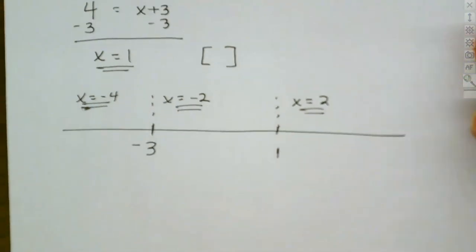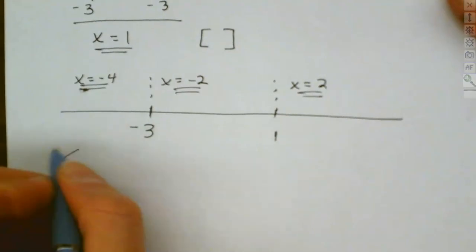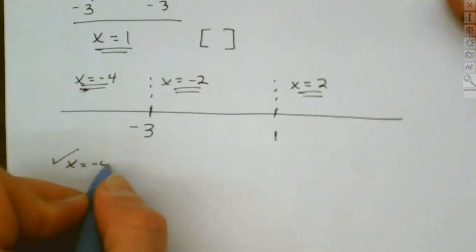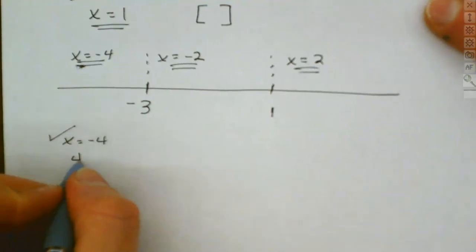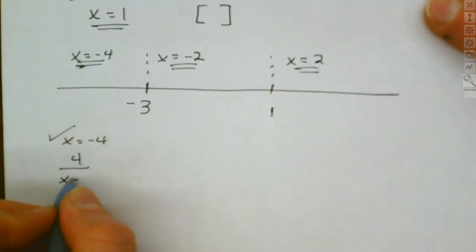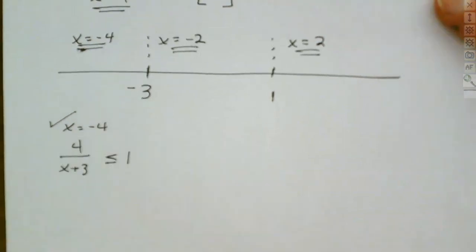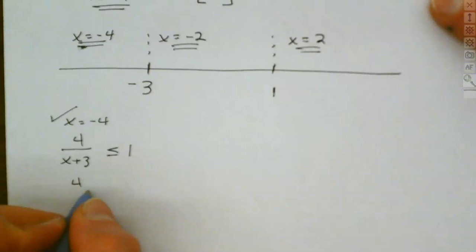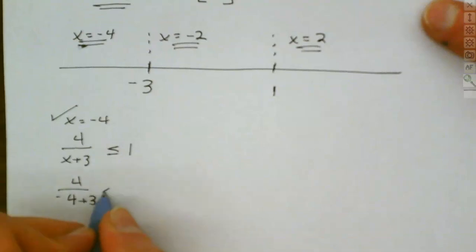Okay, now we'll go ahead and check them. So we're going to check x equals -4 in 4 over x plus 3 is less than or equal to 1, so plug it in. That's 4 over -4 plus 3.